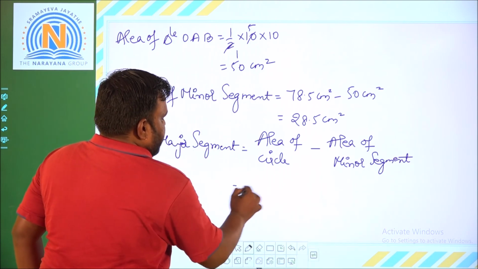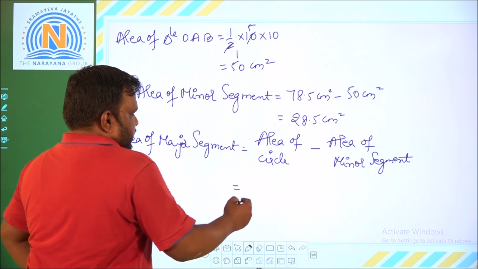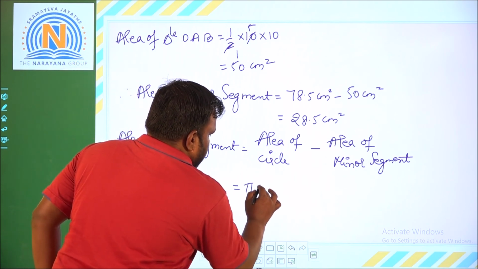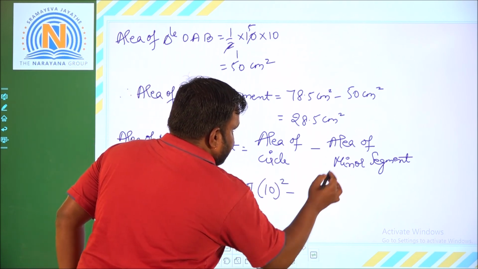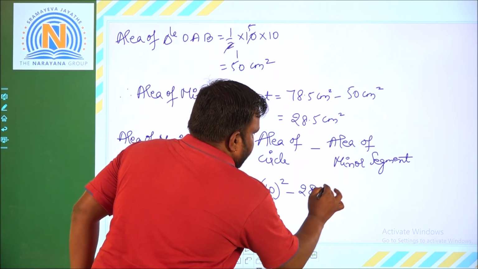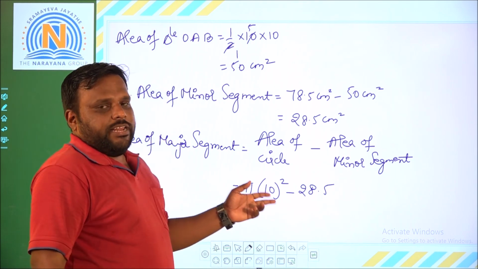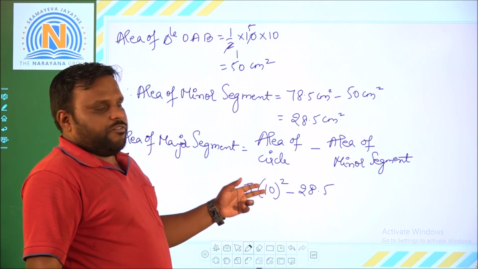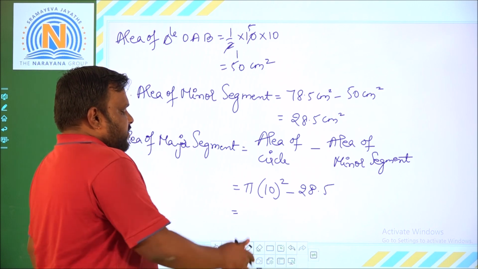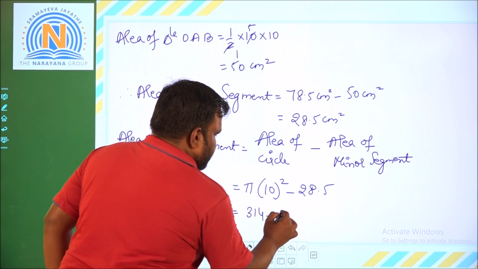So the area of the circle we know is pi r square, and r is 10 centimeters here. So pi into 10 square minus the area of the minor segment, which we got as 28.5. The pi value we know is 3.14. 3.14 multiplied by 100, since 10 square is 100, is 314.